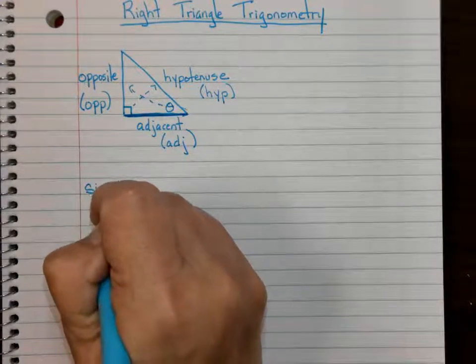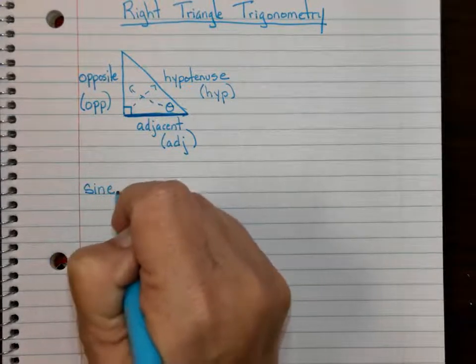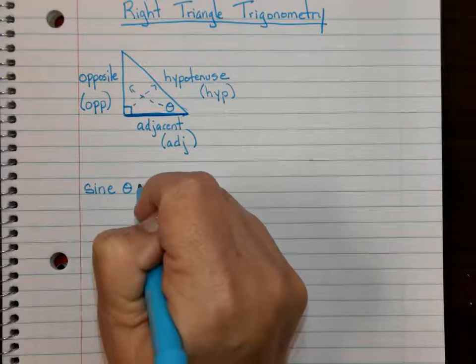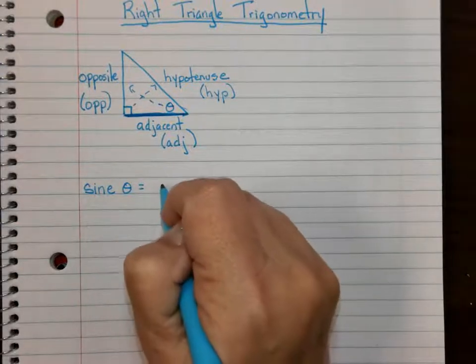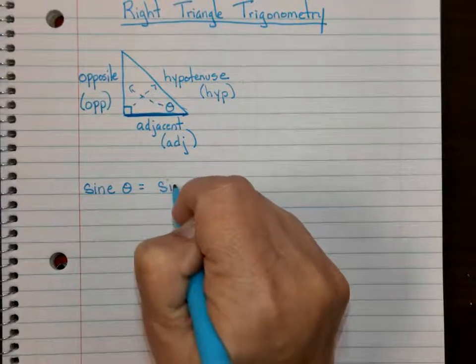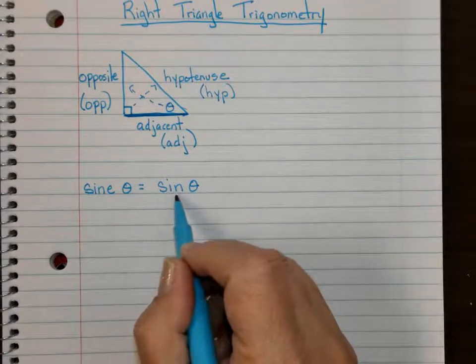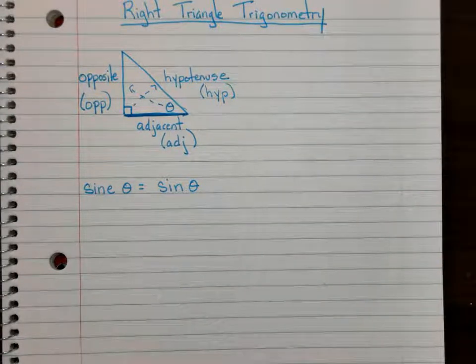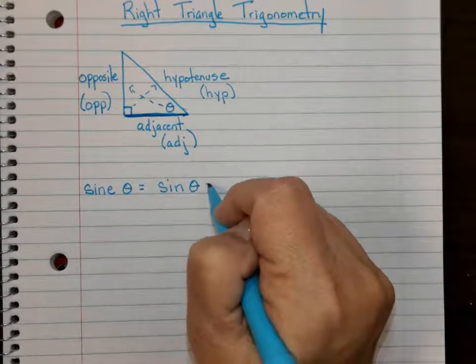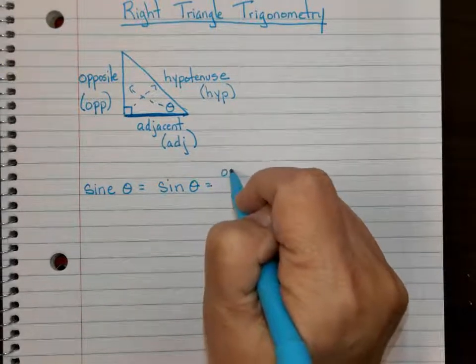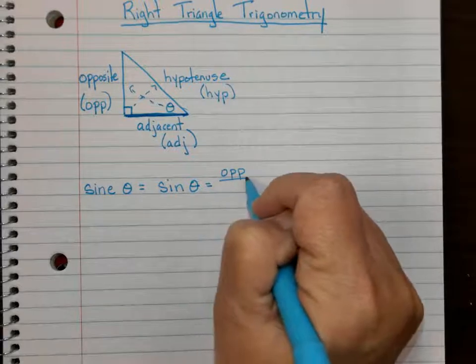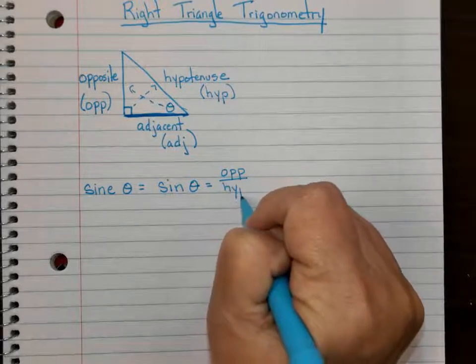You've probably heard of sine theta, S-I-N-E. We will all abbreviate that S-I-N, sine of theta. Every function is going to get a three-letter abbreviation. And that is equal to the length of the opposite side divided by the length of the hypotenuse.